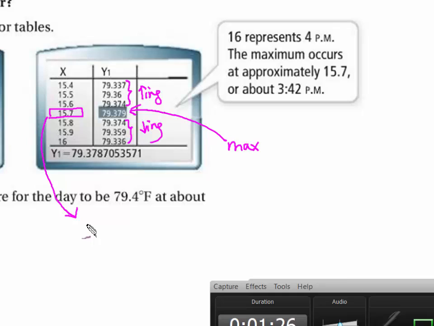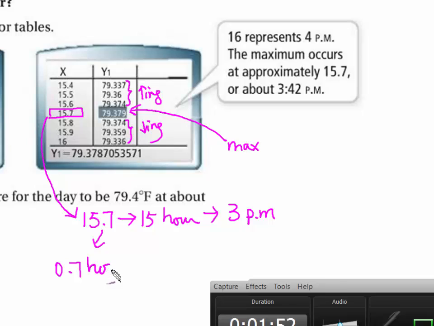So if you want to know exactly what time 15.7 refers to, you have to convert this number back to the actual time. So 15 hours means 3 p.m. and 0.7 hour, if you change it back to minutes, all you need to do is multiply 0.7 hour by 60 minutes, and then it'll give you 42 minutes.